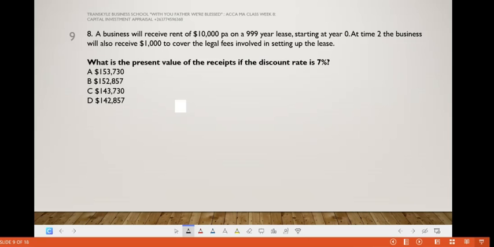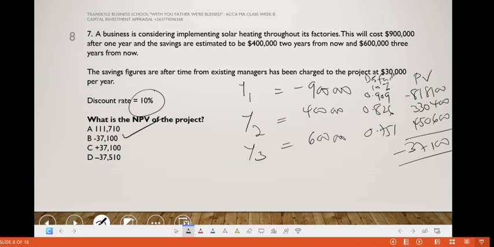Okay, a business will receive rent. Sorry, let me just take you through this a bit. There could be others who are confused and say, why are you saying the initial investment should be multiplied by 0.909 instead of 1, because we are used to seeing the investment being multiplied by 1.